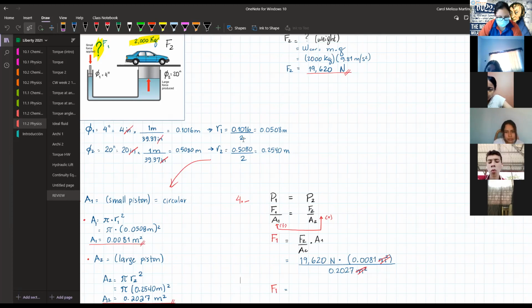How much did you get? 784.03. 0.03 rounded, and these are Newton.